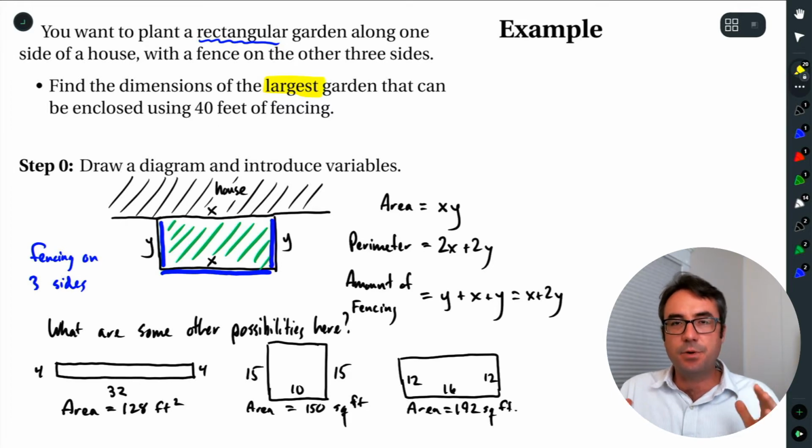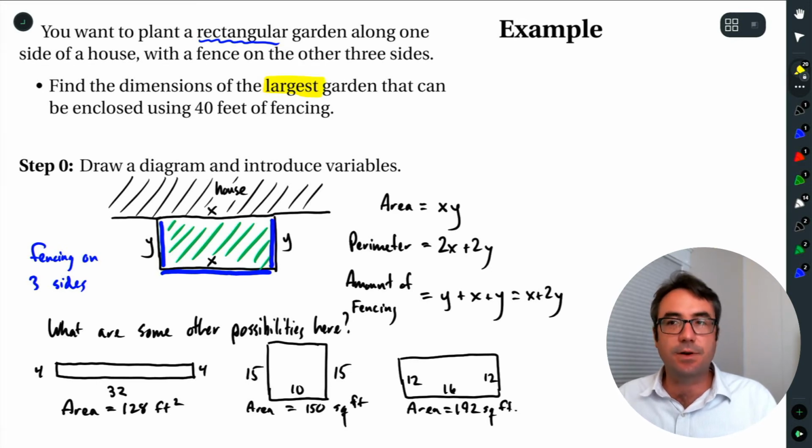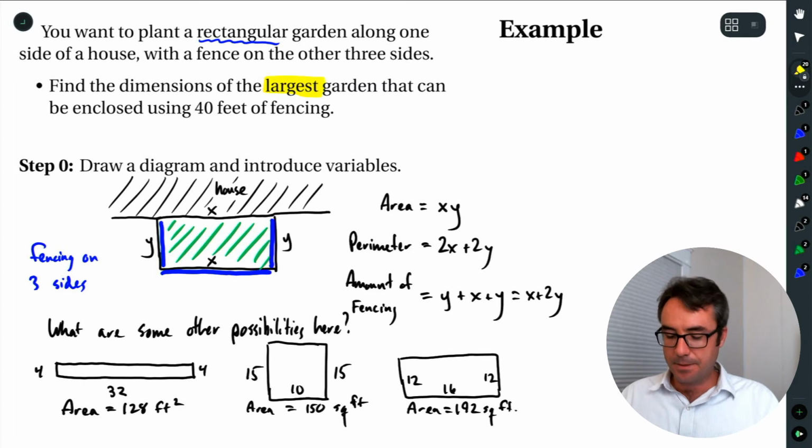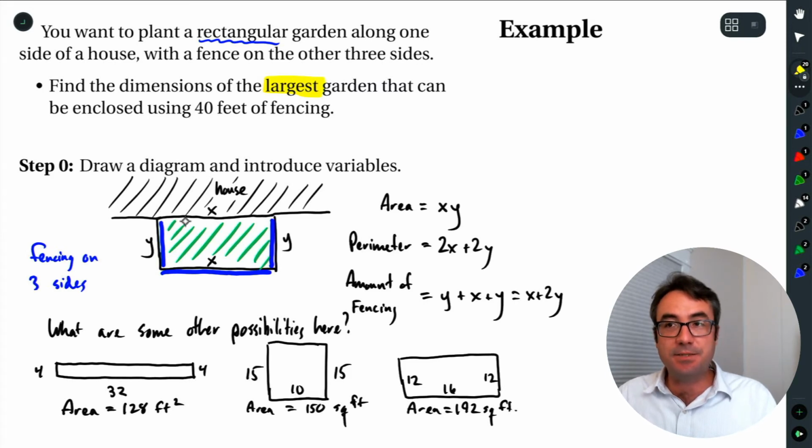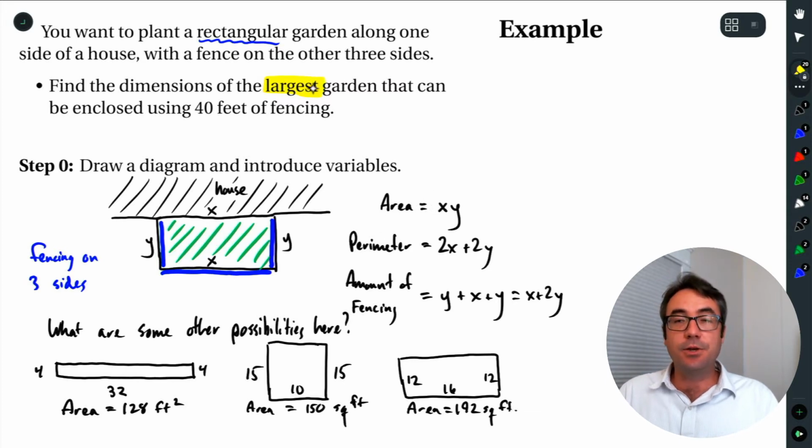So that's putting some restriction on the size of our rectangle in some way. So for the purposes of actually making a garden here, what we're interested in is the space enclosed by this fence. That's the area. So what we want to do is maximize the area.